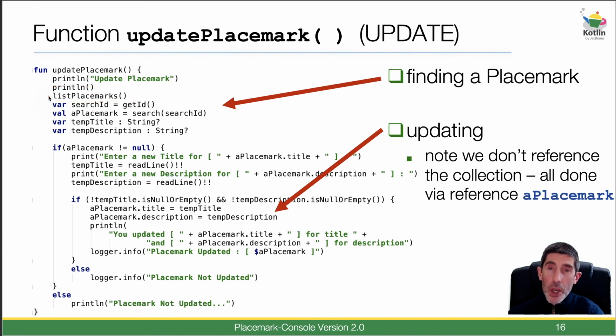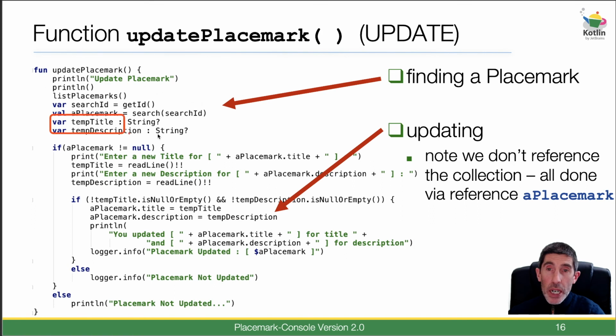We then use our get ID to prompt the user for the ID they want to search. We store that in our search ID, which we then pass to our search function, which will return a reference, and that's important, a reference to a placemark inside our list.